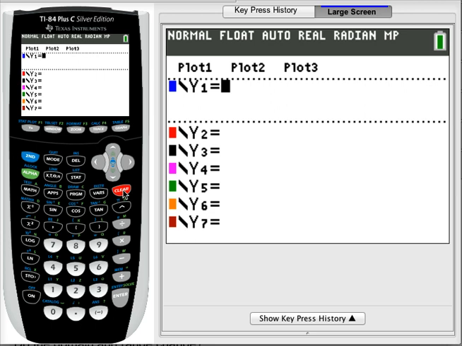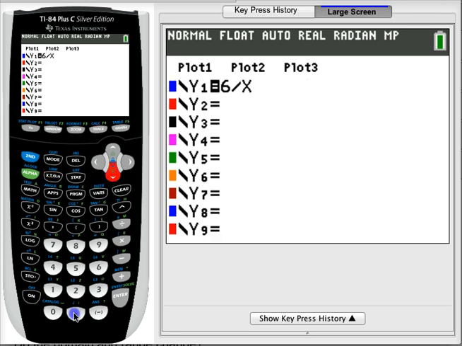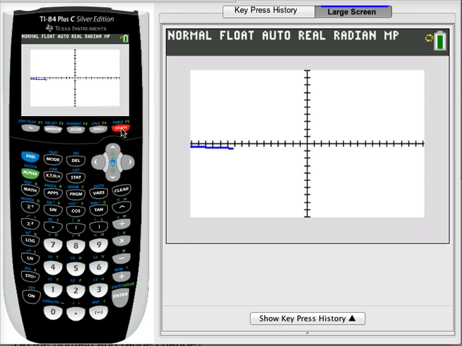So the first one, 6 divided by x. We want to see what that looks like. And we want to compare that to 0.25 divided by x and compare it to negative 6 divided by x. So let's graph these and see what they look like.